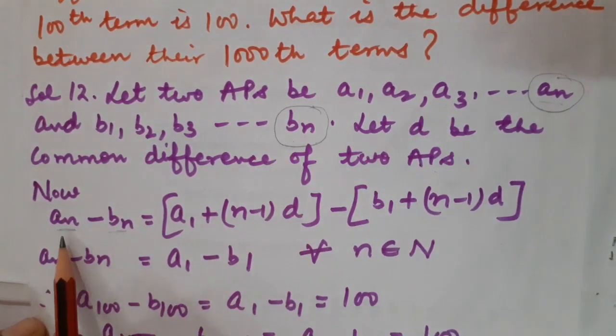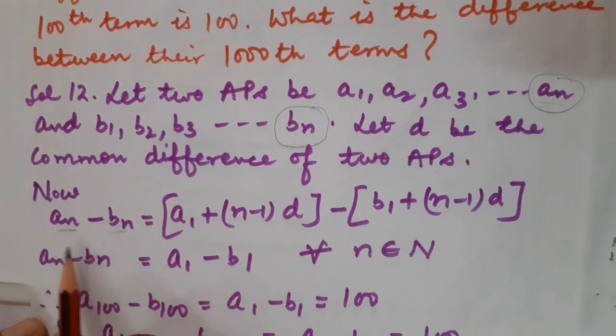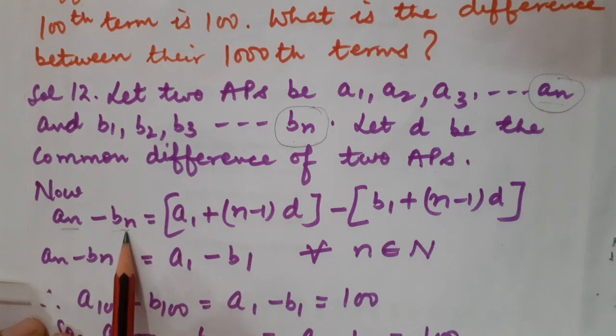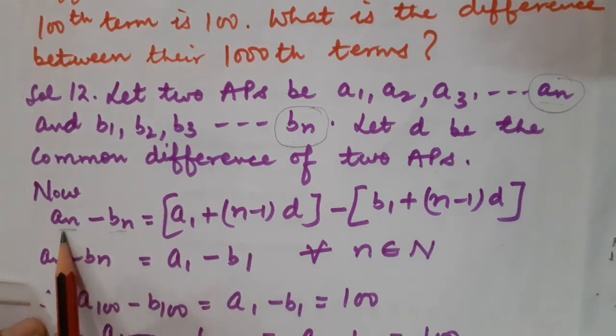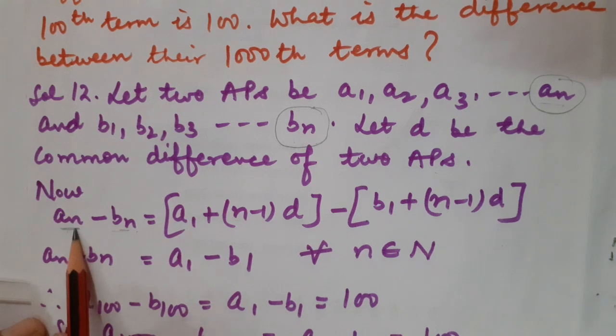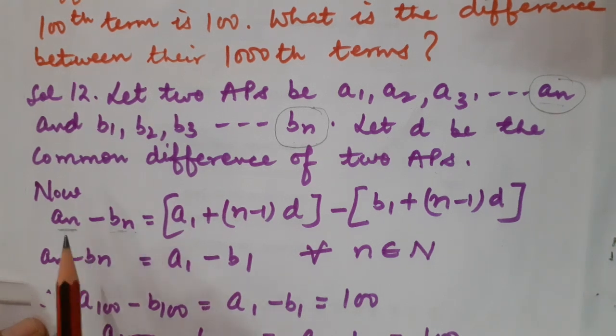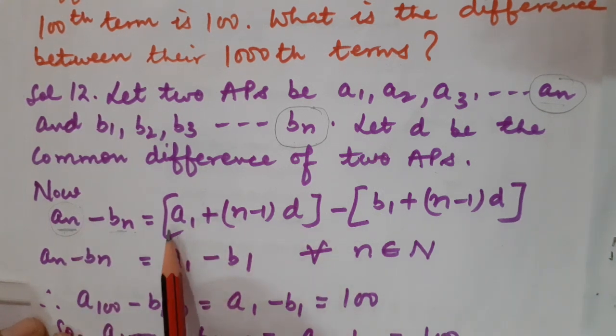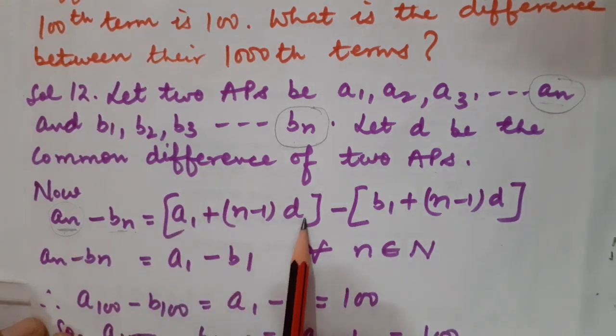Correct? As we have to calculate the difference, first of all, I am going to calculate the difference of both the APs' nth term. Fine. So AN. Children, yesterday only I made you understand this concept. How do we write AN using generalized form? That is A plus N minus 1 into D. This is the formula to calculate the nth term of AP.